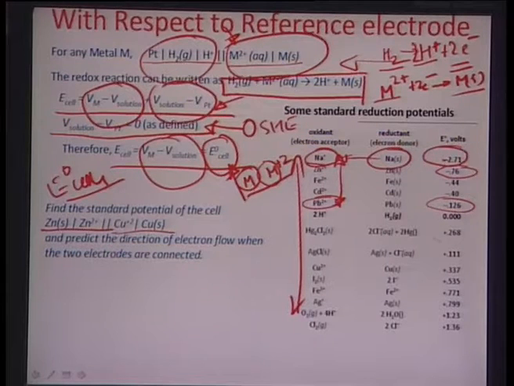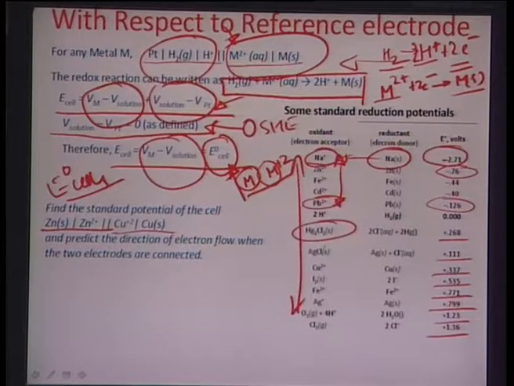The potentials are reversed and positive when you connect the standard hydrogen electrode to those below, like mercury chloride, silver chloride, copper, cuprous solutions, and so on. So, it is very easy now to find the standard potential of the cell and also to predict the electron flow direction if this scale with respect to the SHE has already been formulated.